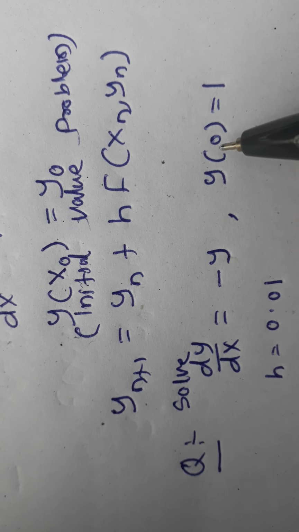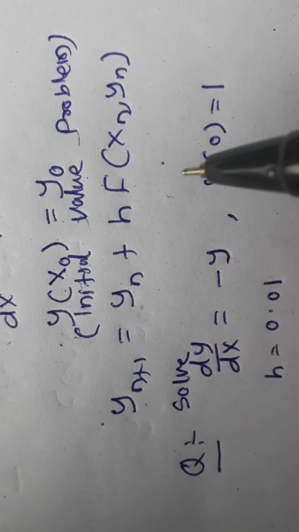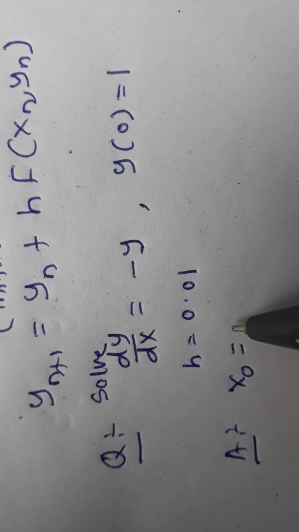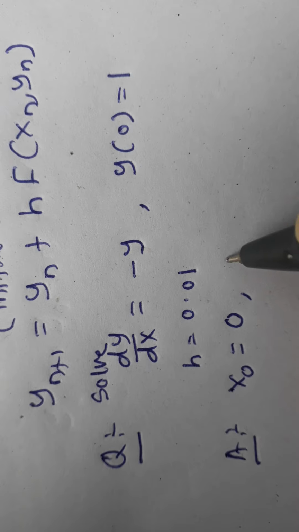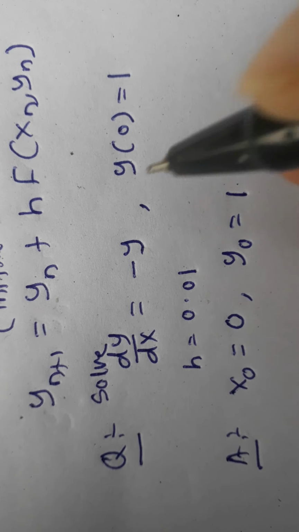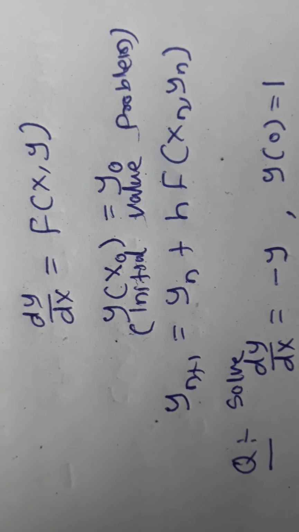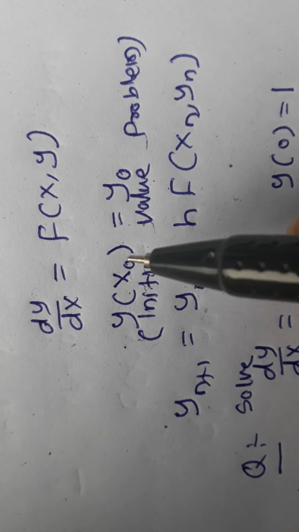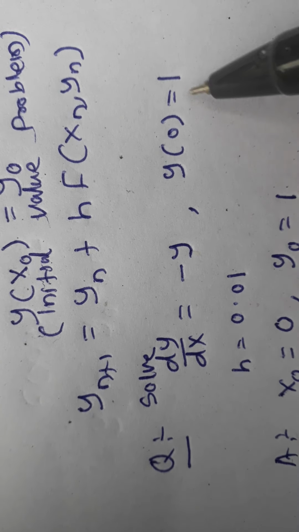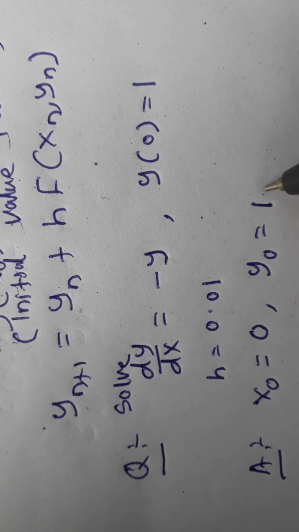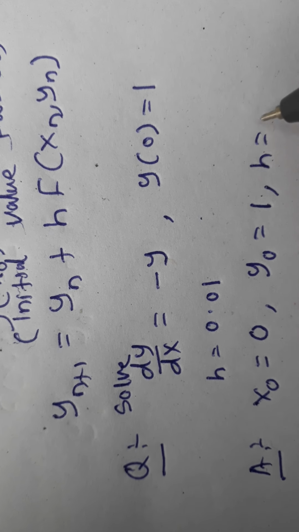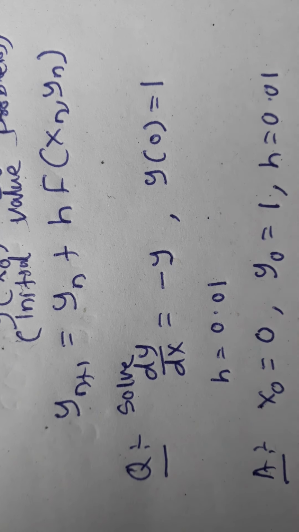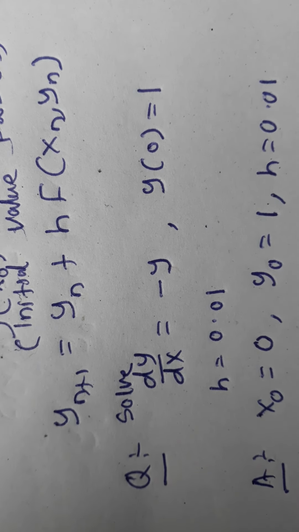Here 0 is in place of x0, so x0 is equal to 0. y0 is equal to 1, it is already given here. y0 equal to y of x0, so y of 0 equal to 1, so y0 equal to 1. h is already given as 0.01, it is already given in the question.